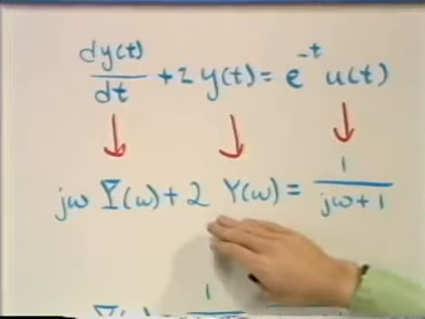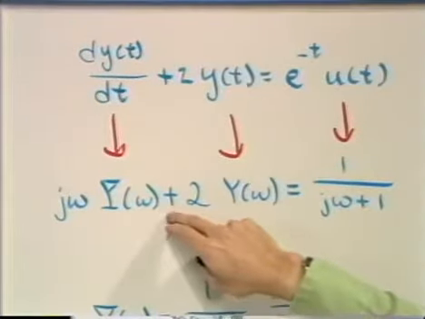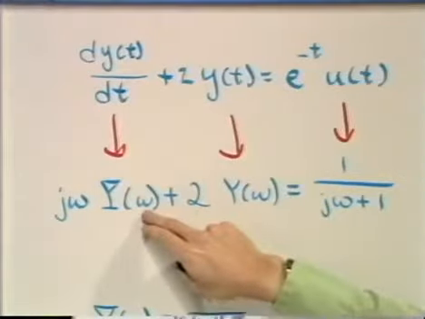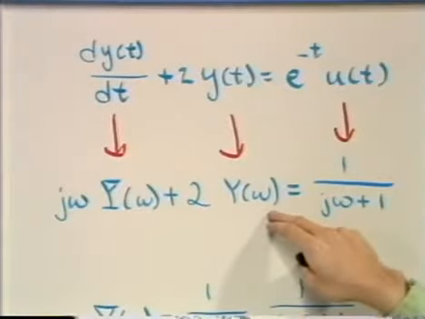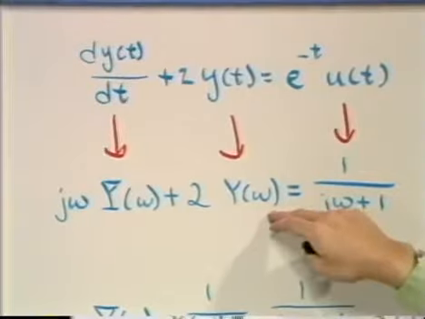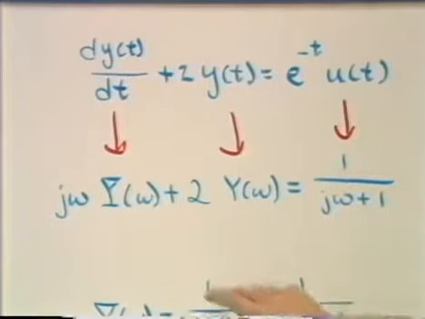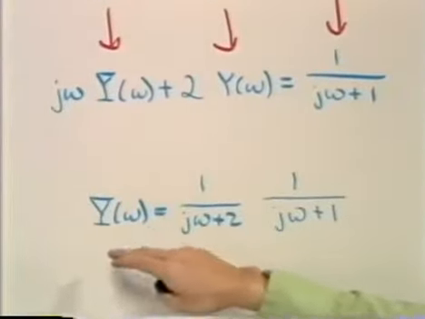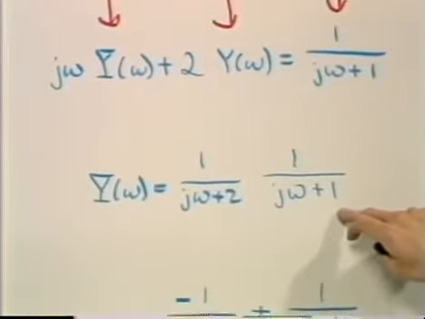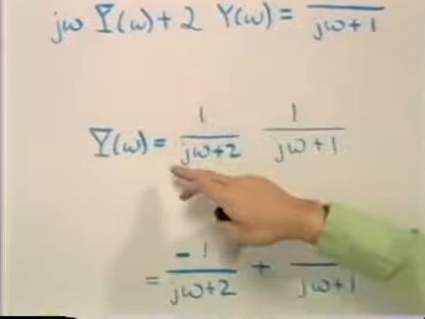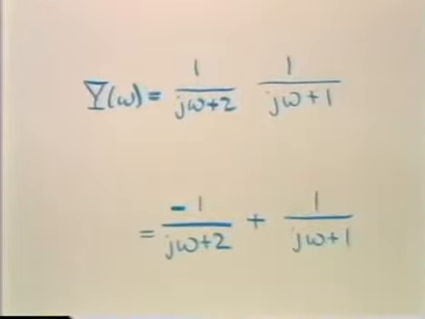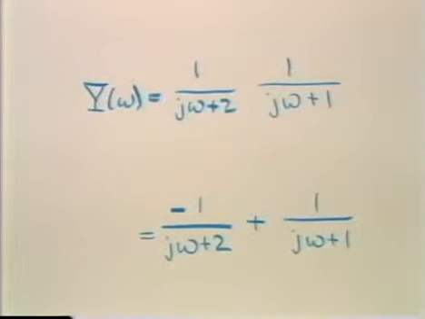And now, if we want to determine what the output y of t is, we can do that by solving for y of omega and then generating the inverse Fourier transform. Well, let's solve this algebraically for y of omega, and that gets us to this expression. And this is not a Fourier transform that we've worked out before, and this is kind of the second part to the inspection procedure.